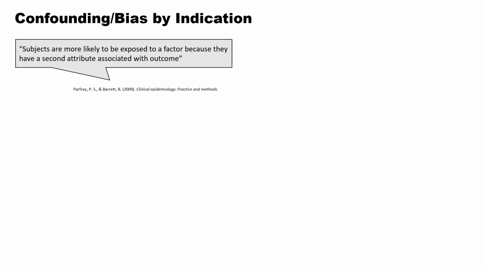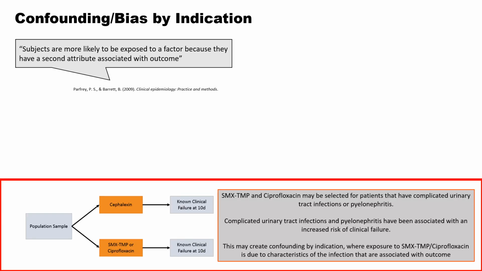A third type of bias is called confounding or bias by indication, and this is defined as when subjects are more likely to be exposed to a factor, so exposure is dependent upon a second attribute that's associated with outcome, and this is often the indication for exposure. So consider in our study that Bactrim and ciprofloxacin may have been selected for patients that had complicated urinary tract infections or pyelonephritis, in that the indication for treatment was actually the reason that they were selected.